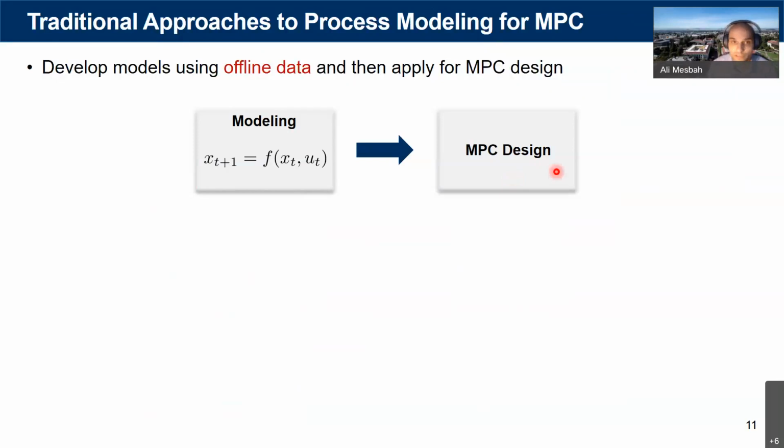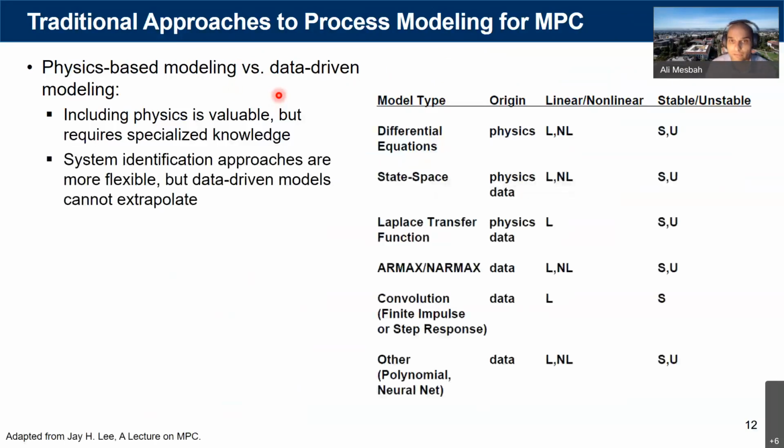Basically the procedure is sequential, and the model is developed based on offline data. And there are a wide variety of modeling approaches here that have been extensively applied very successfully, I would say, over the years.